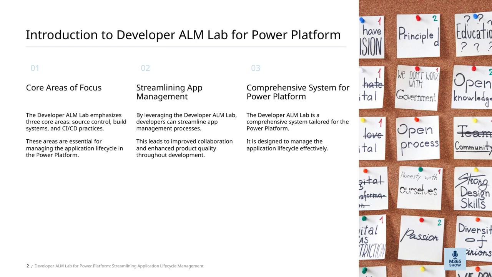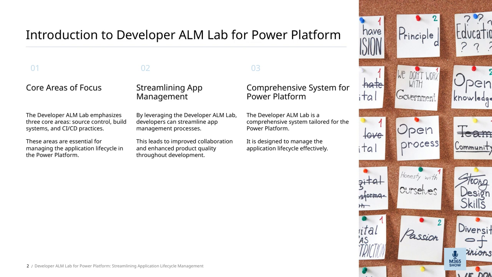Welcome to our overview of the Developer ALM Lab for Power Platform. This slide introduces the core idea behind it, a comprehensive system designed specifically for managing the entire application lifecycle within the Power Platform environment. The main goal of the Developer ALM Lab is to help developers streamline their app management processes, making development more efficient and collaborative.